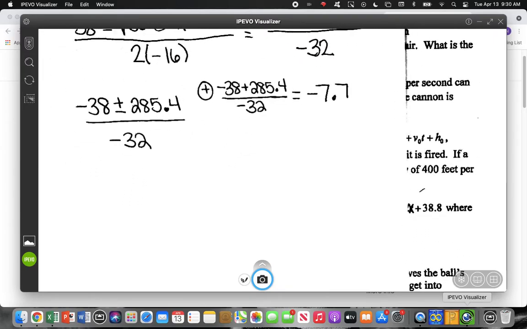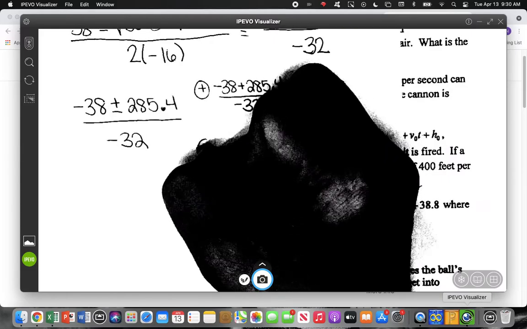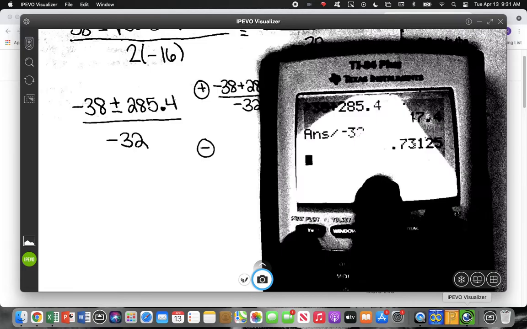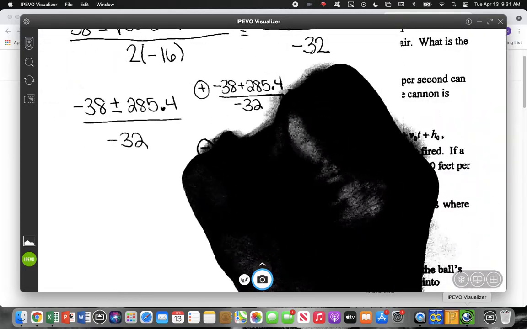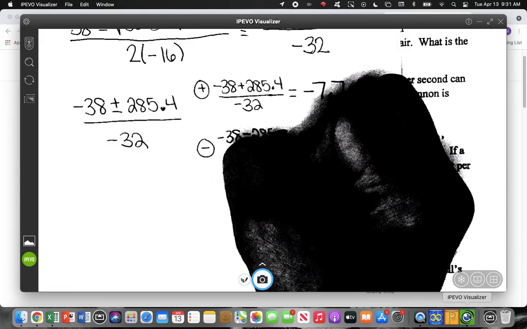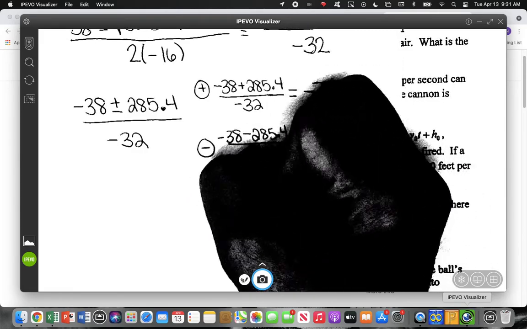So that's our first answer. Now our second answer, and again we're still using the same numbers, but this time we're taking negative 38 minus 285.4 divided by negative 32.